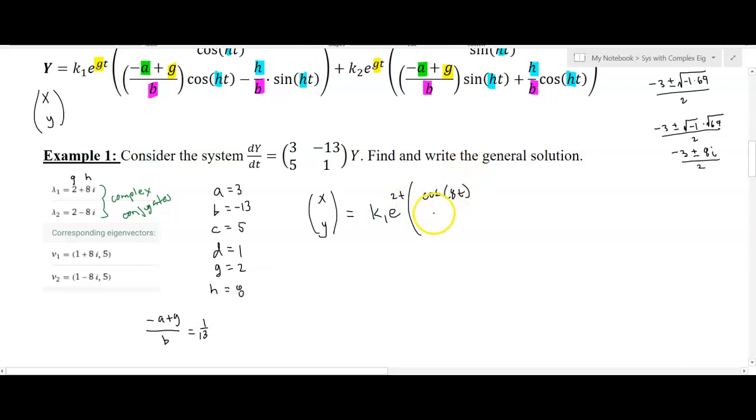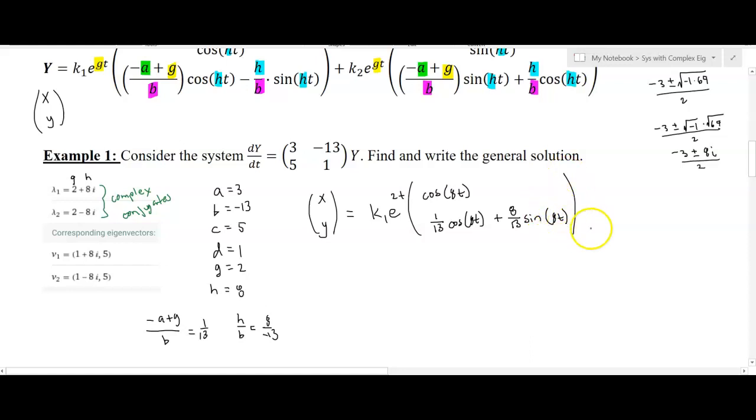So this coefficient will be 1/13 of cosine 8t. The other thing I'm going to need is h over b, which is 8 over negative 13. Here we're subtracting it, minus h over b, so this will be plus 8/13 sine of 8t.